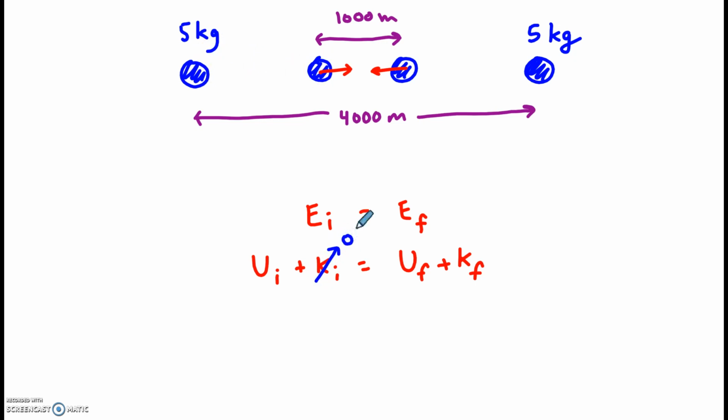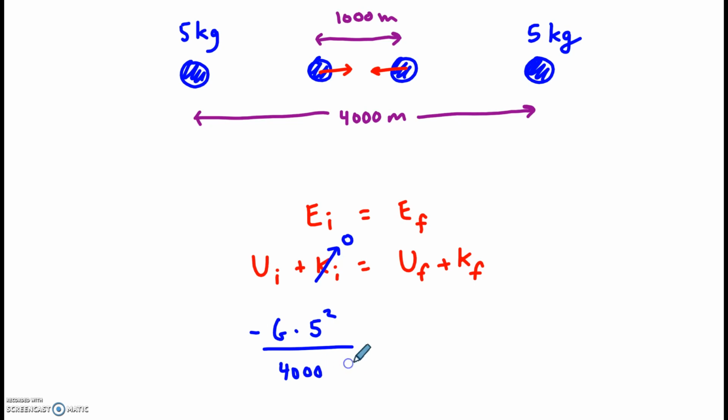So how do we solve this problem? Well, we know the equation for initial gravitational energy. It's negative G times the two masses, m times m, which is 5 times 5, or 5 squared, divided by their distance, not squared now, it's just the distance.